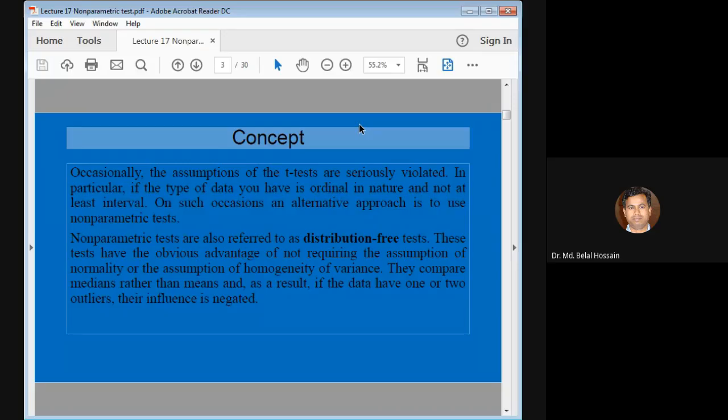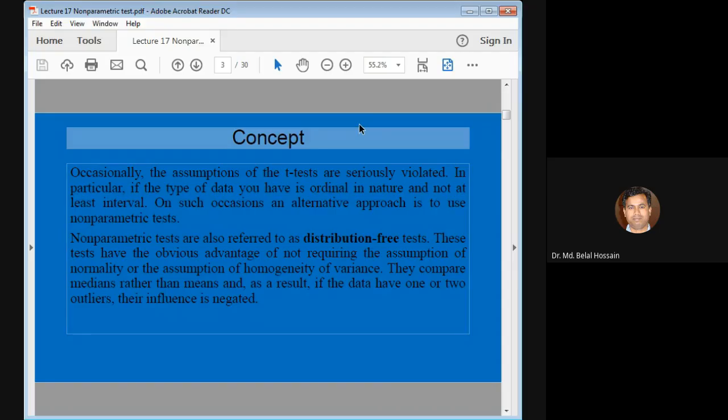So those are the things you need. That is, when in any way you cannot ensure that the normality assumption is satisfied, then you have to use these non-parametric tests. These tests have the obvious advantage of not requiring the assumption of normality or the assumption of homogeneity of variance.